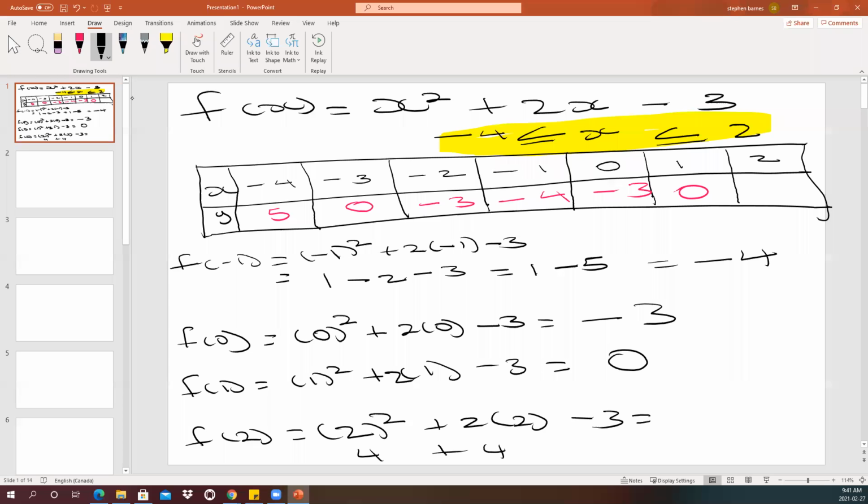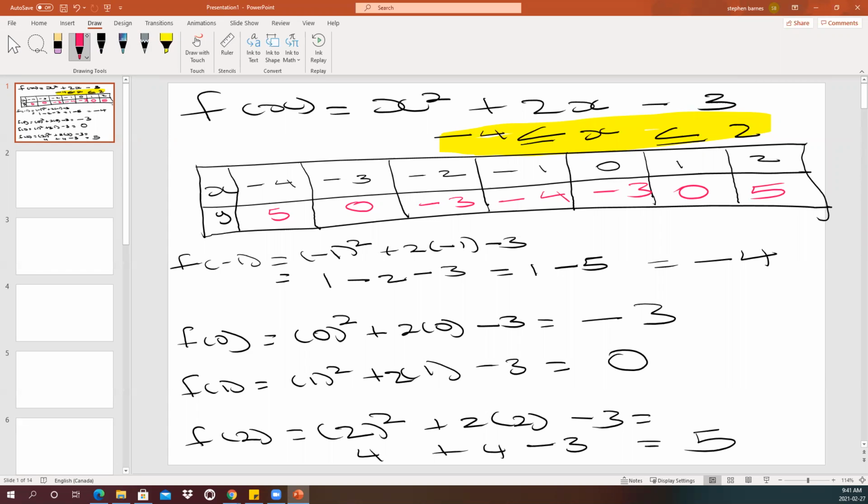Let me just double check. 2 squared is 4, and 2 times 2 is also 4, minus 3 equals 8 minus 3, which gives you a 5. So we have a 5 here. Everybody good so far?